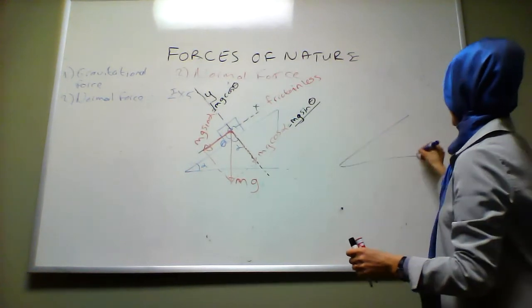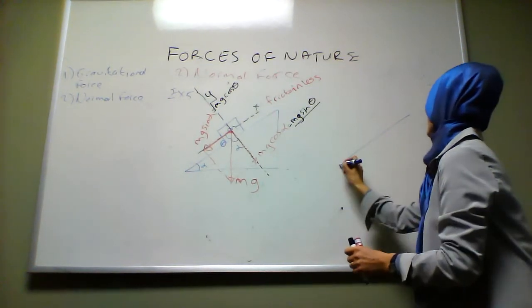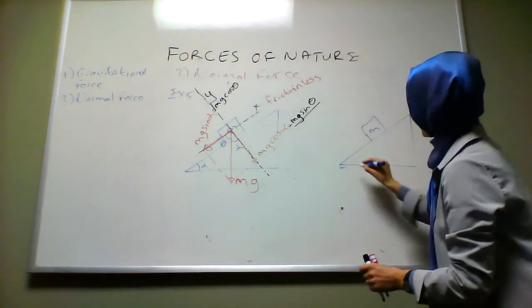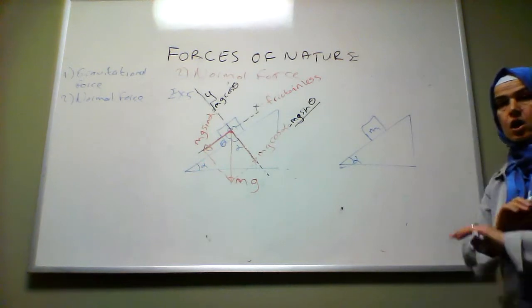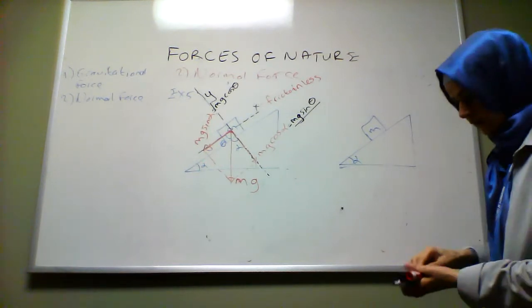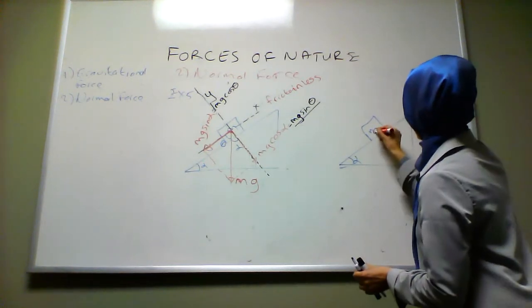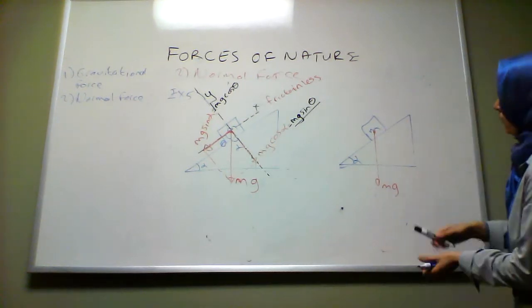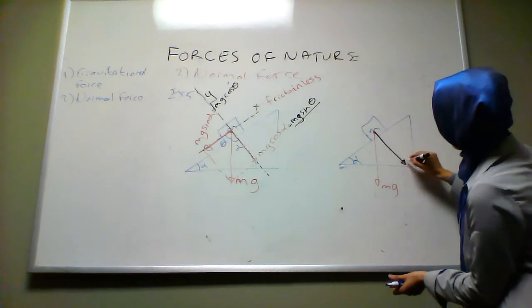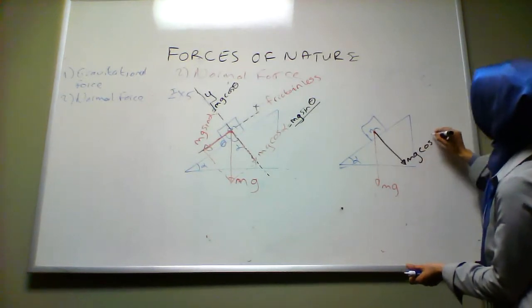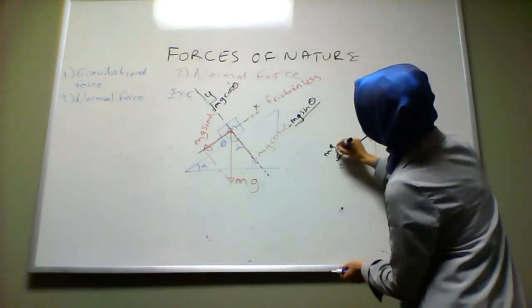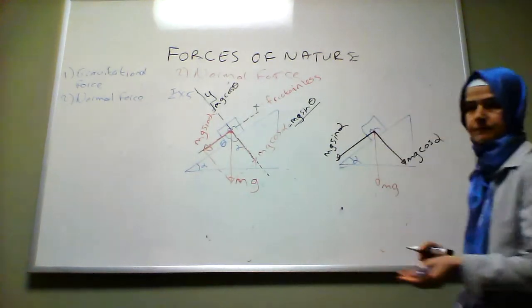But whenever we see an inclined surface from now on, and m is sitting on it, and we have this alpha, right away we'll be comfortable enough to say, well, I have mg here. Perpendicular to the surface, I have mg cosine alpha. Parallel to the surface, I have mg sine alpha.